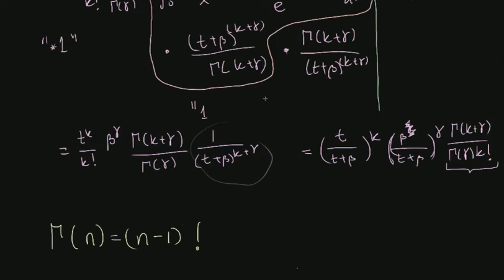Now we will generalize that in the sense that we do not require gamma to be an integer here. We'll just write it up with factorial notation.